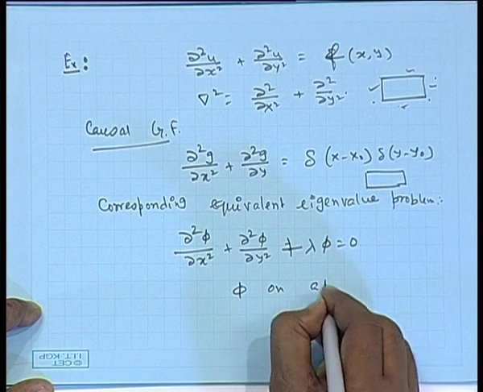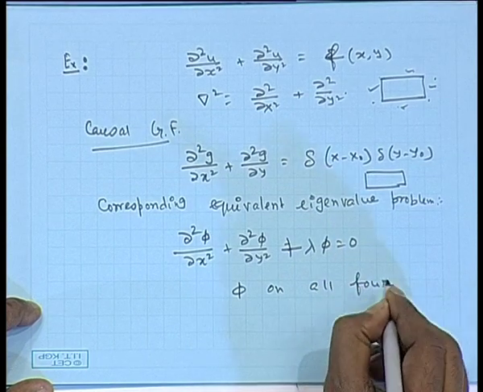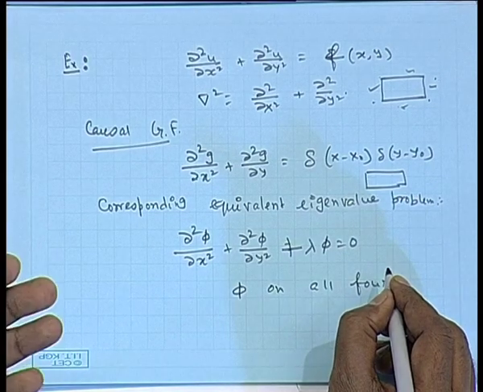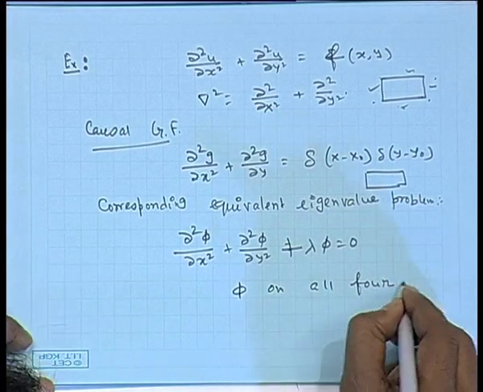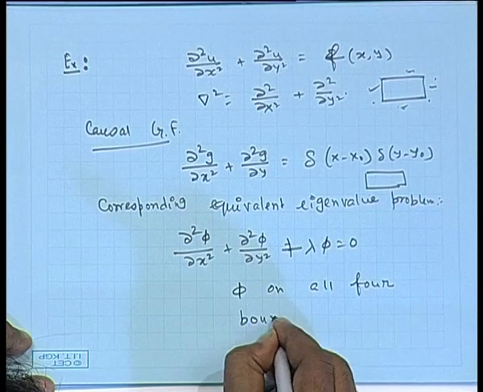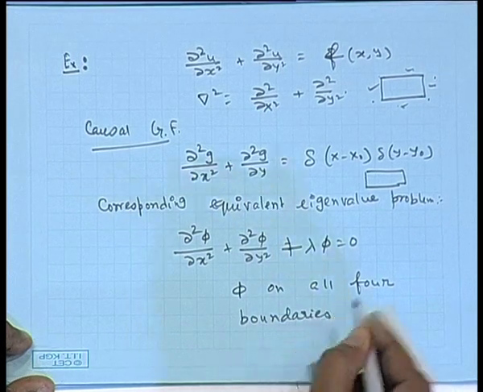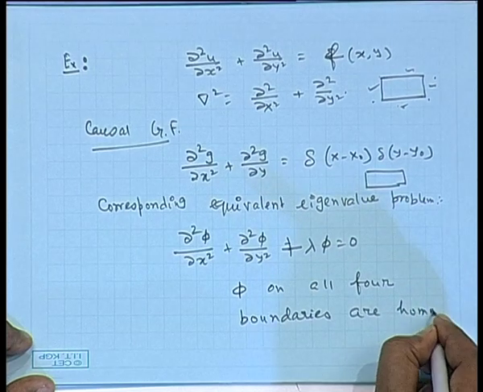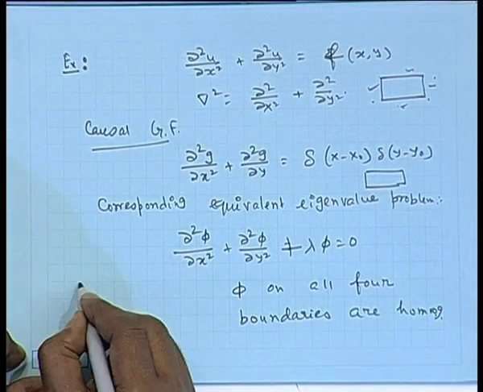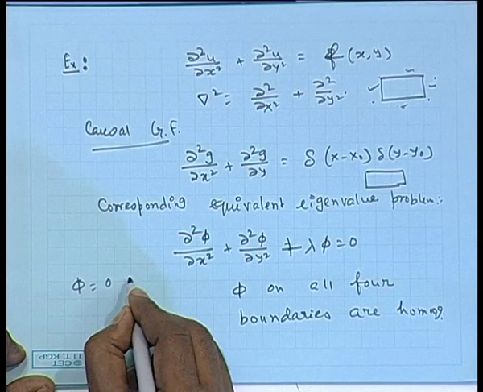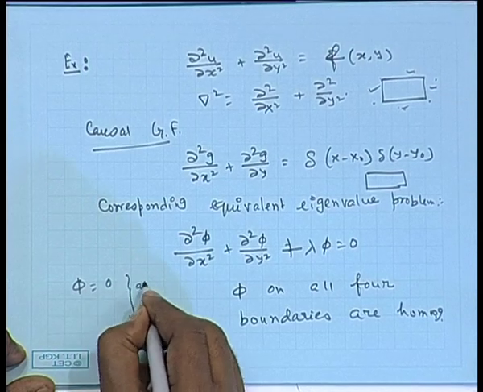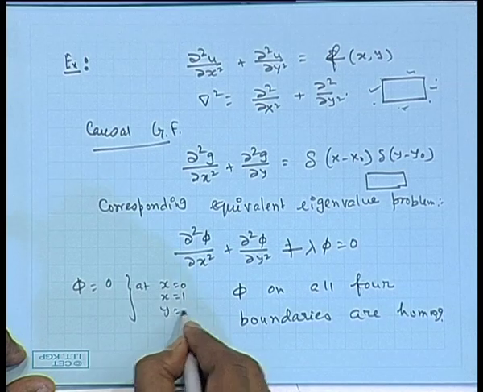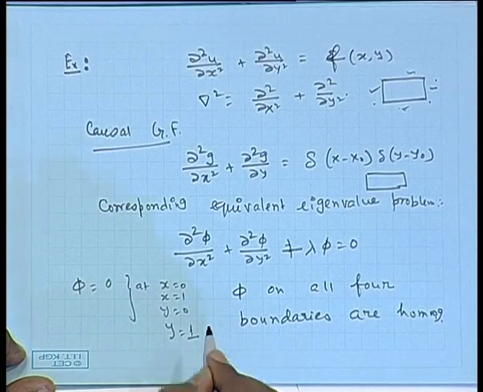Phi on all 4 boundaries located at x equal to 0 and x equal to 1, y equal to 0 and y equal to 1, are homogeneous. Okay, that means phi is equal to 0 at x equal to 0, on the surface at x equal to 1, surface at y equal to 0, surface at y is equal to 1.